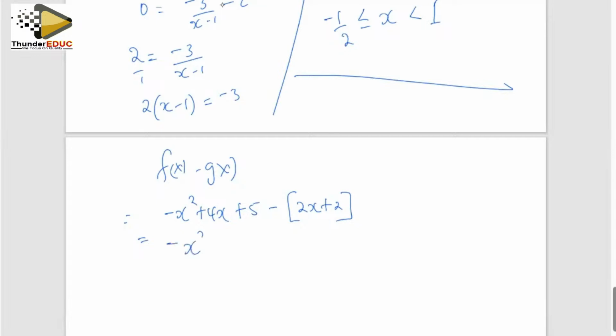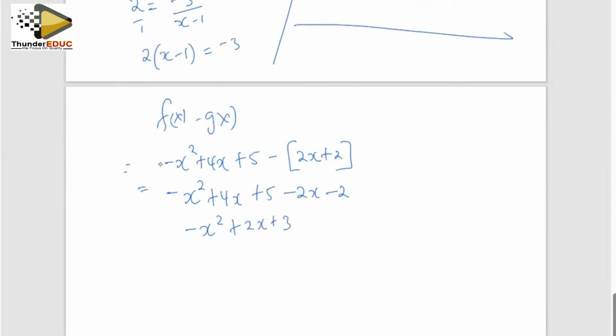So this is going to be negative x squared plus 4x plus 5 minus 2x minus 2. I simplify this by collecting like terms. That's going to be negative x squared plus 2x plus 3. But we know that for EH to be maximum, we must find the derivative. Alternatively, you can use x equals negative b over 2a.